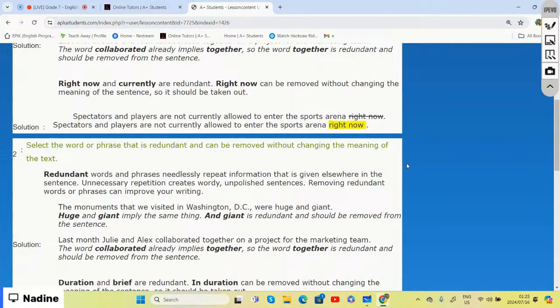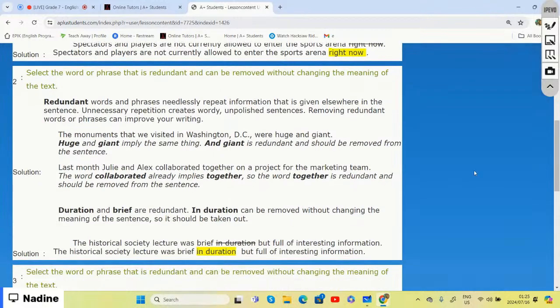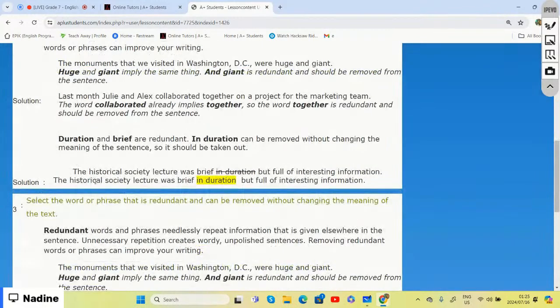All right. It says the Historical Society lecture was brief but full of interesting information. The Historical Society lecture was brief in duration but full of interesting information.